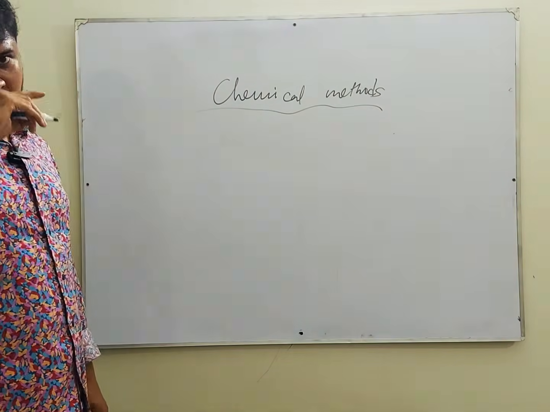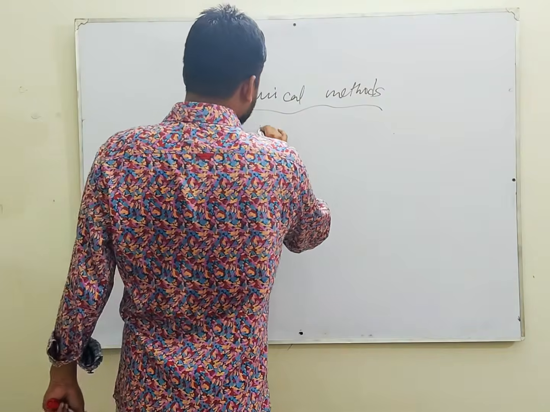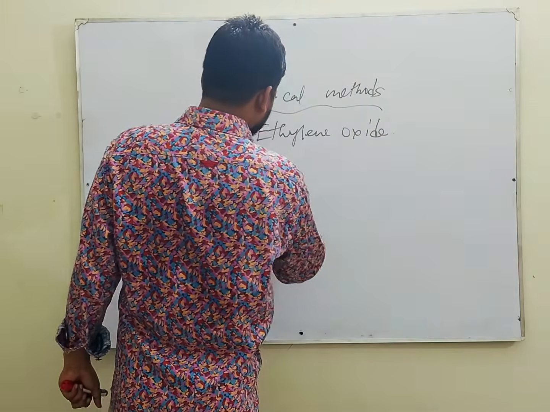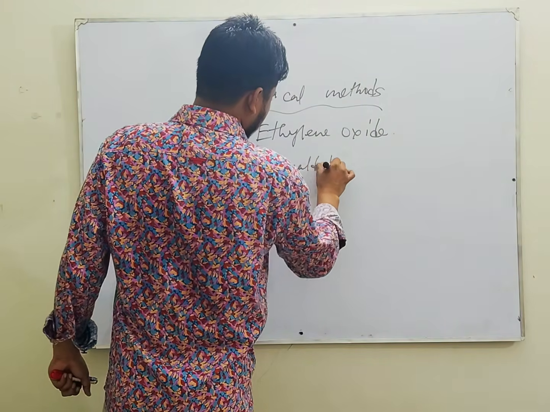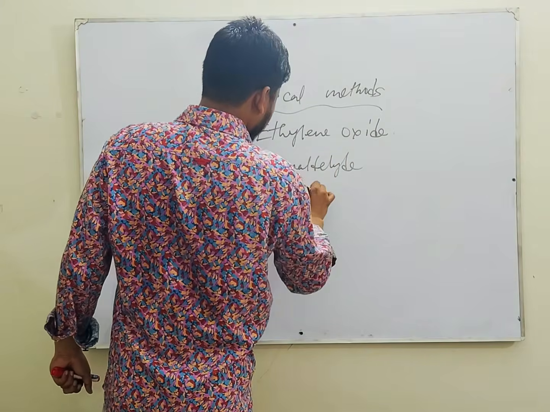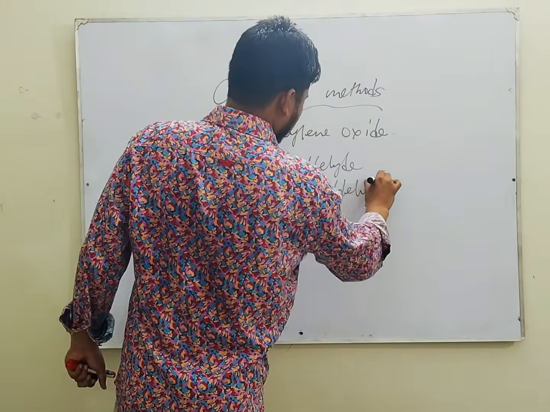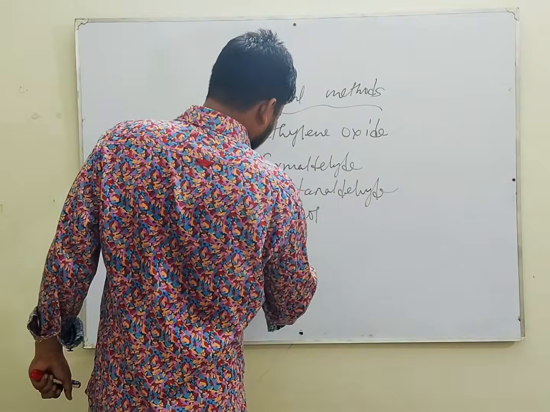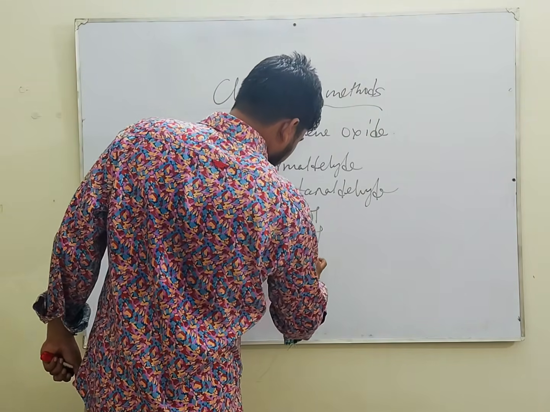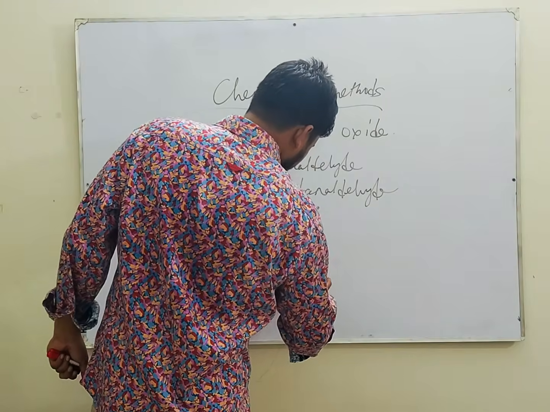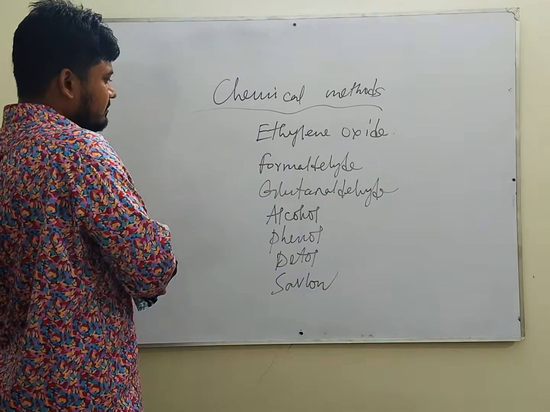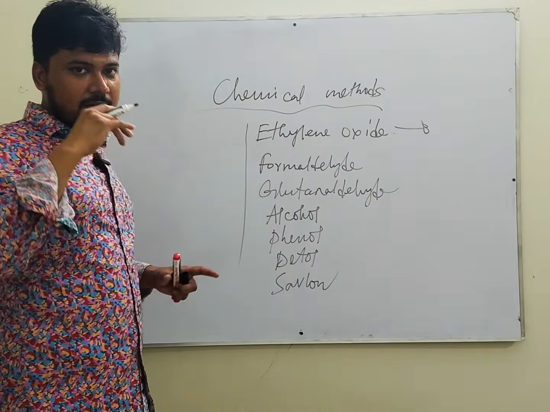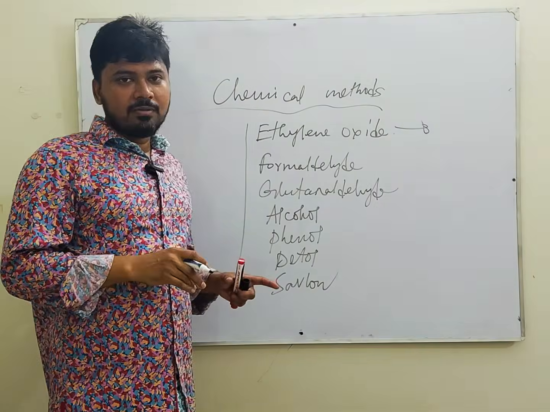Then at last come to chemical sterilization. The chemicals used for sterilization are ethylene oxide, formaldehyde, glutaraldehyde, alcohol, phenol, Dettol, Savlon, etc. This ethylene oxide is used for sterilization of heat sensitive rubber and plastic materials.